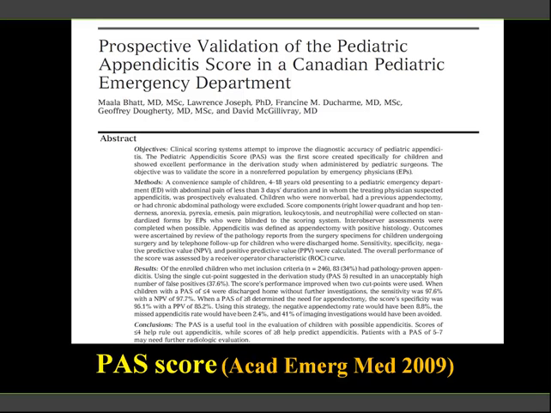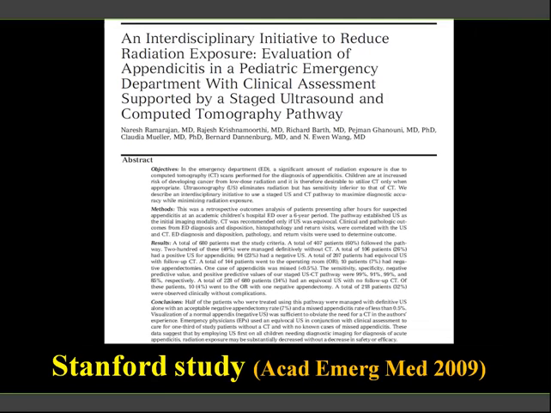Others are clearly negative based on this score. And the algorithm of doing ultrasound first, followed by CT, is being adopted by many centers in the United States, including the Stanford study in 2009, to reduce radiation exposure by doing more ultrasound exams.